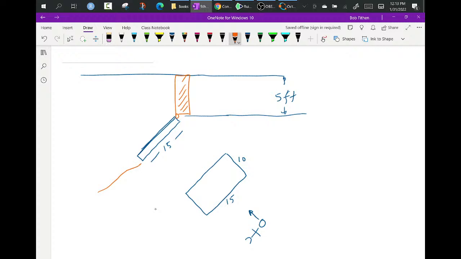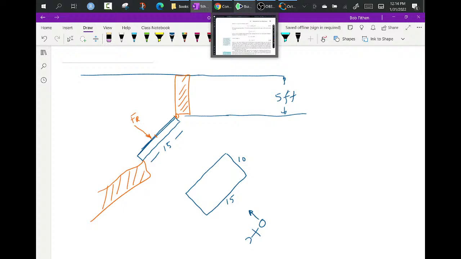There's a section of concrete here holding the gate back. But what we're interested in right now is just the force on this gate. There's your centroid, and somehow there is a resultant force at a certain location. Let's reference it from this point here.